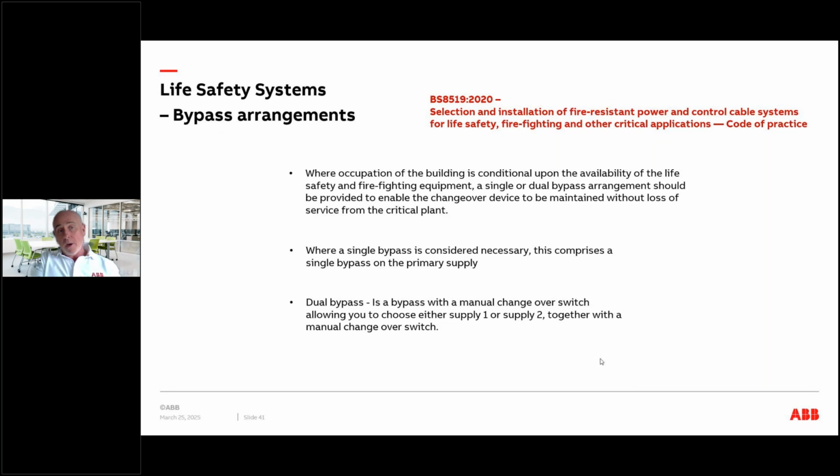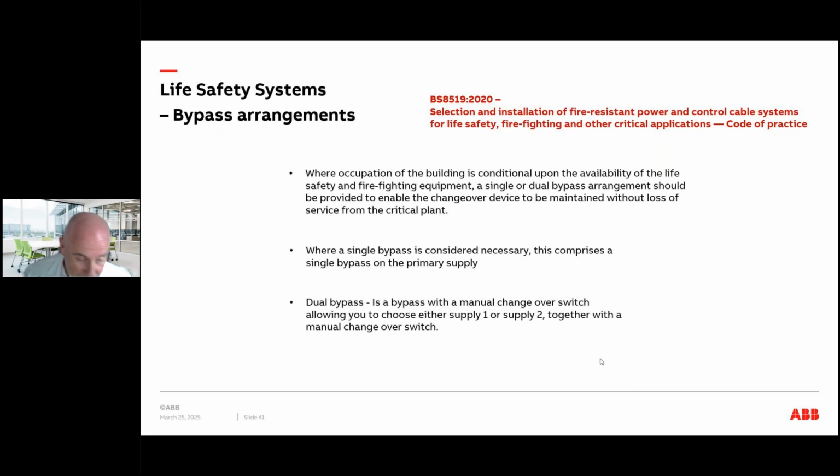Now, very often we're asked as a manufacturer, do I need a single or dual bypass? And again, it's a risk assessment deemed decision really by the designers and installers. Like with all manufacturers, we can supply you with a single bypass or dual bypass.